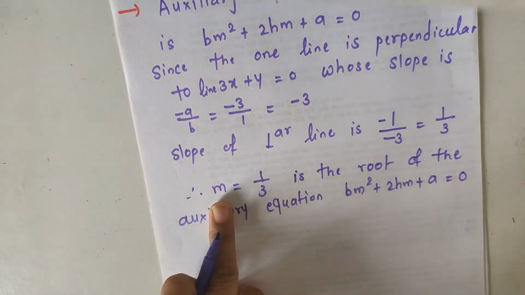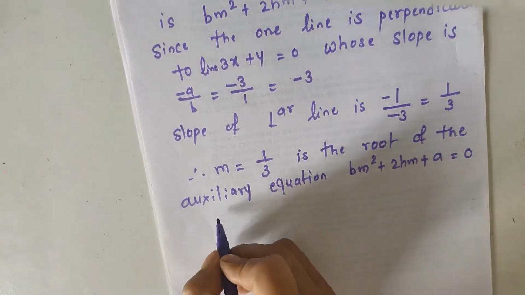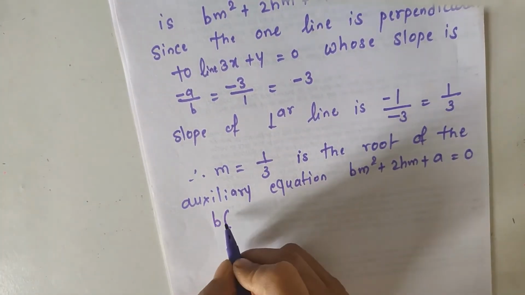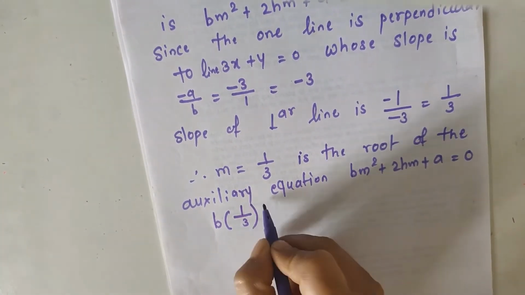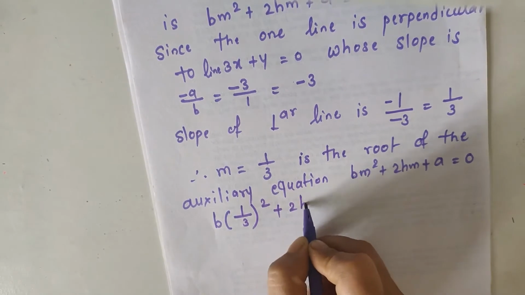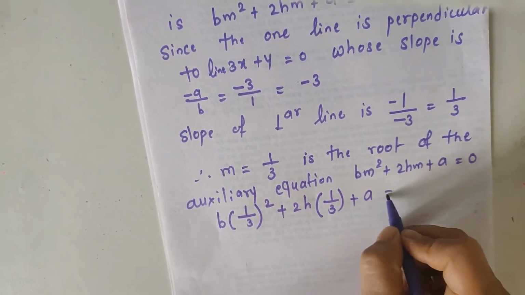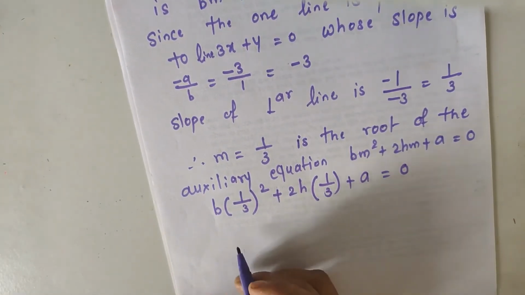Substituting m equal to 1 by 3 in this equation, we get the required condition. So b into (1 upon 3) whole square plus 2h into 1 upon 3 plus a equal to 0. By solving this, we get the required condition.